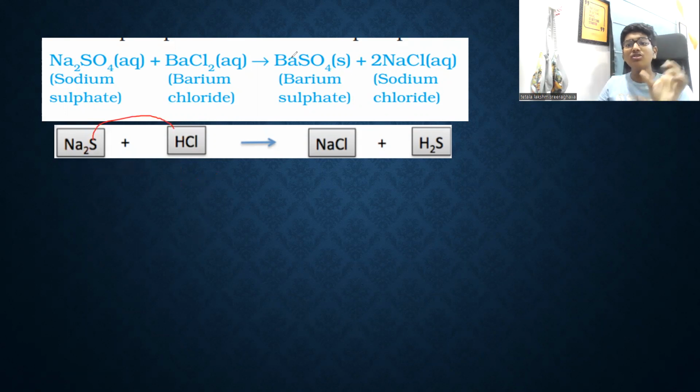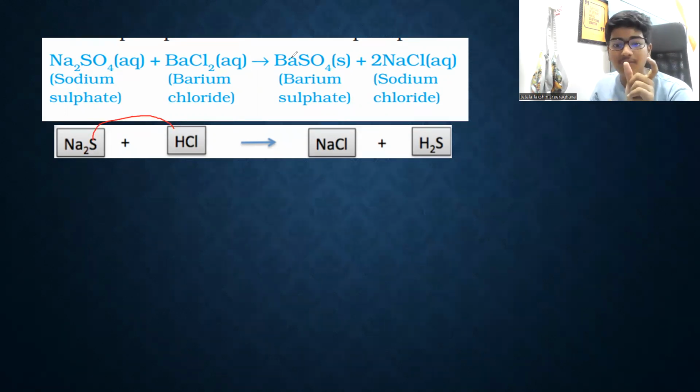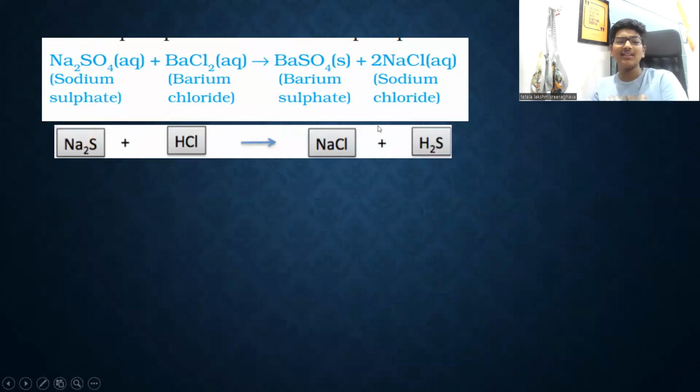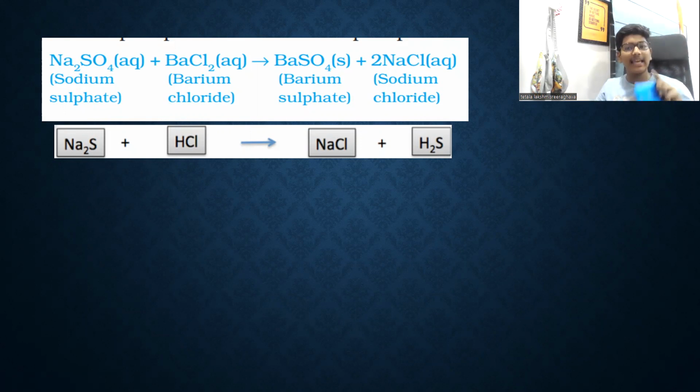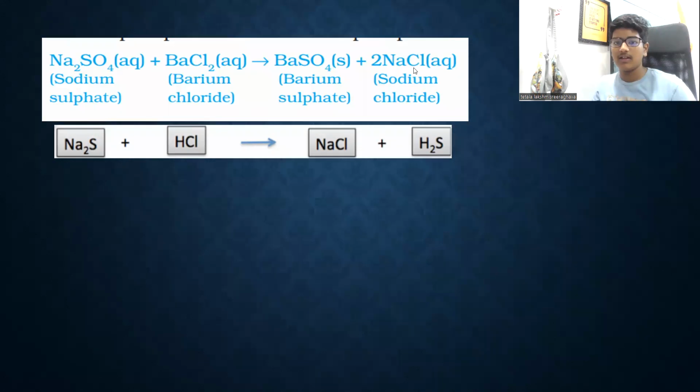So these both will combine and form H2S gas. I think they call it sodium sulfide. I'll just check in Google, give me a minute. I'm absolutely correct, it is sodium sulfide itself.